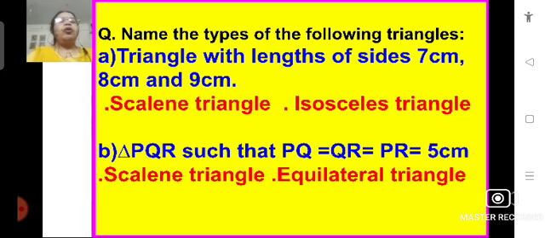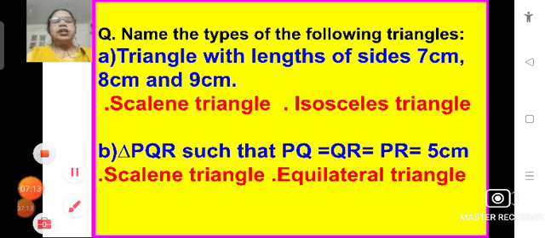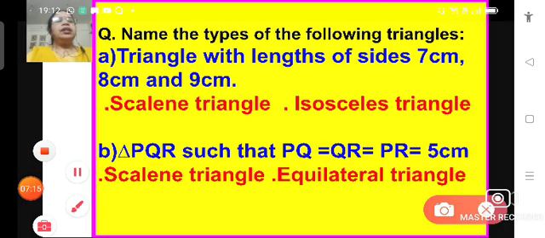Name the type of following triangles. So in this next question, we have to tell about the type of the triangles. Question A is triangle with length of sides 7 cm, 8 cm and 9 cm. So this is a triangle with all the sides of different length.